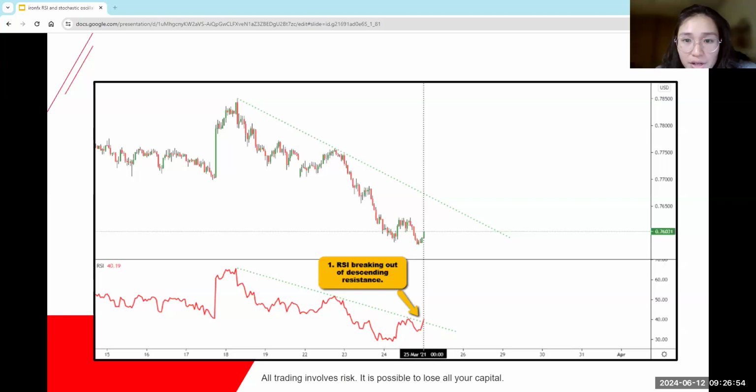What's the best time frame to use divergence? For divergence, we normally would use a mid-range time frame, like your 1 hour, 4 hours, or even your daily time frame, just so that there's more time for you to see how the price plays out.